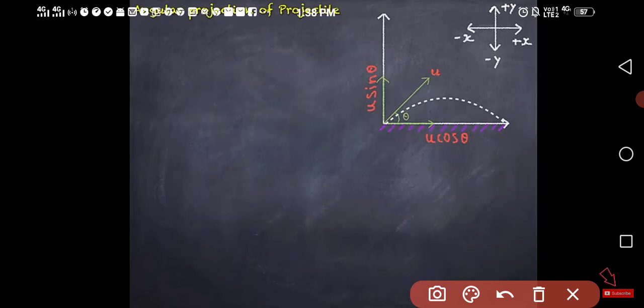Similarly, if I want to calculate the vertical component, this was a, this was x and this was y. Y upon a means perpendicular upon hypotenuse, and according to trigonometry, perpendicular upon hypotenuse is sin theta.